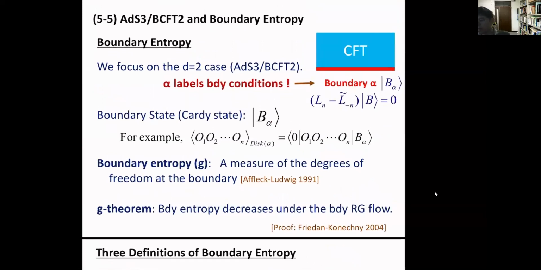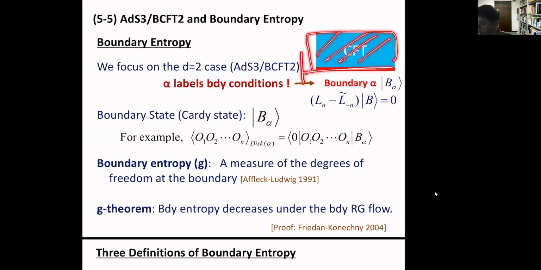From that, I'd like to talk about the quantity called the boundary entropy. The main part I will discuss in the next lecture, in the afternoon. Here I just wanted to mention that. Let's focus on the d equals 2 case, AdS3/BCFT2. As before, the boundary CFT lives on the boundary.